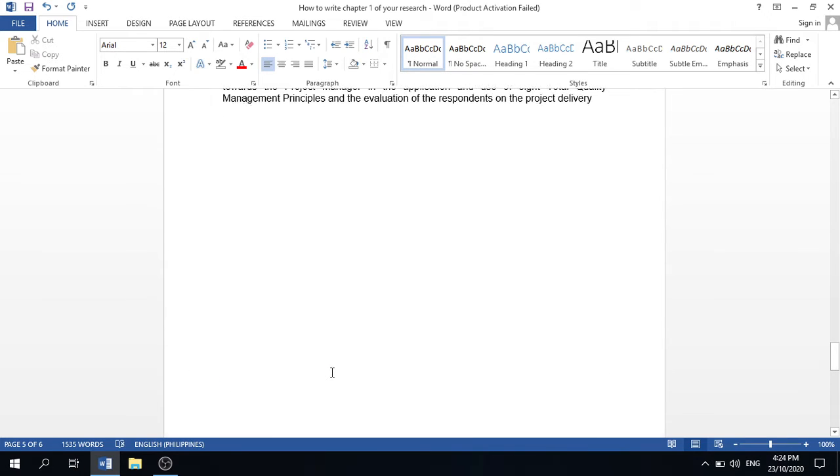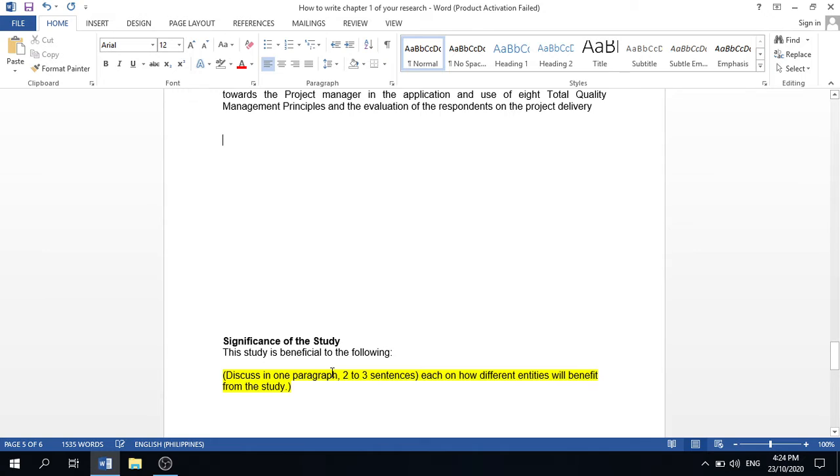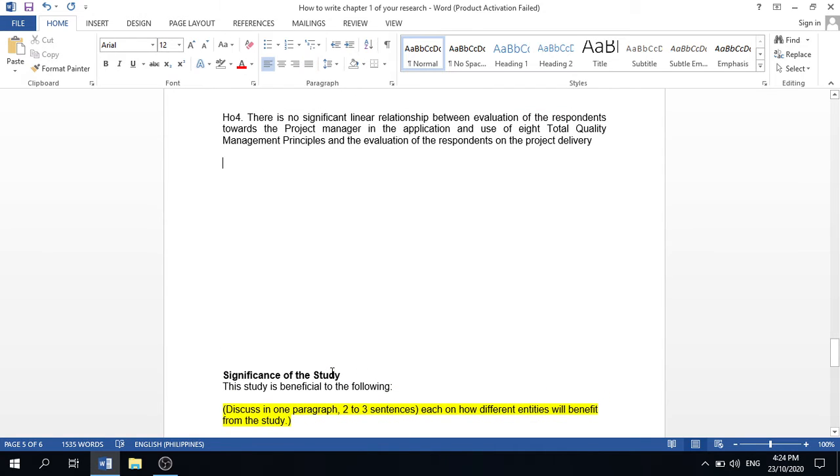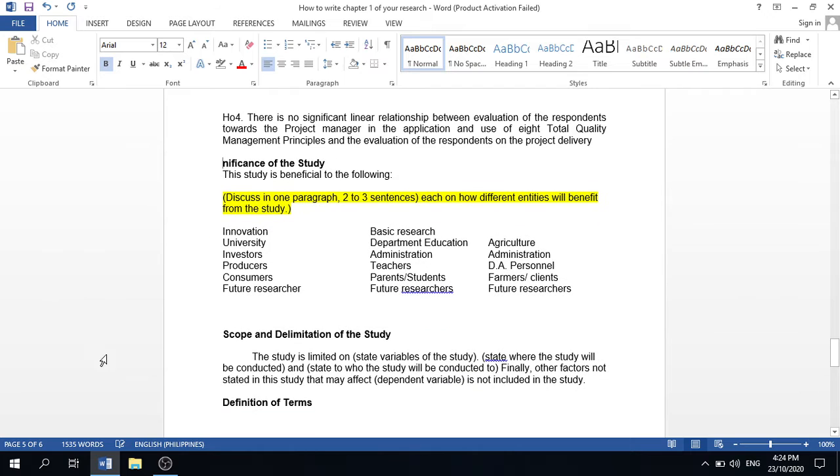Next we'll go to the significance of the study. For the significance of the study, just discuss in one paragraph of 2 to 3 sentences each how different entities will benefit from your study.